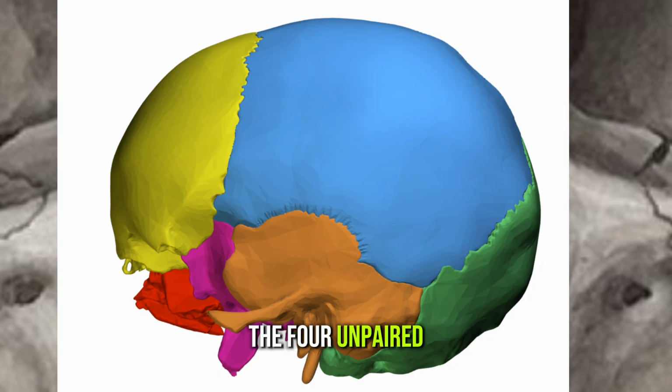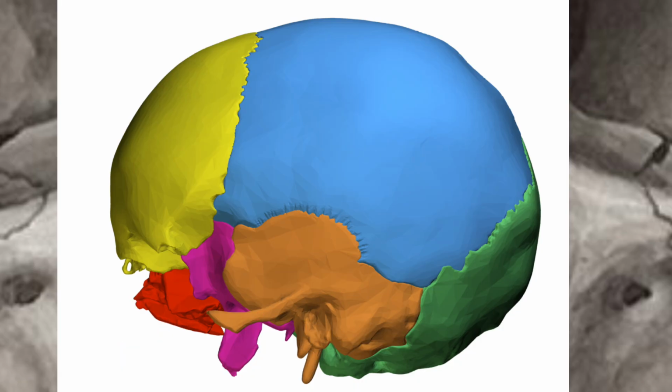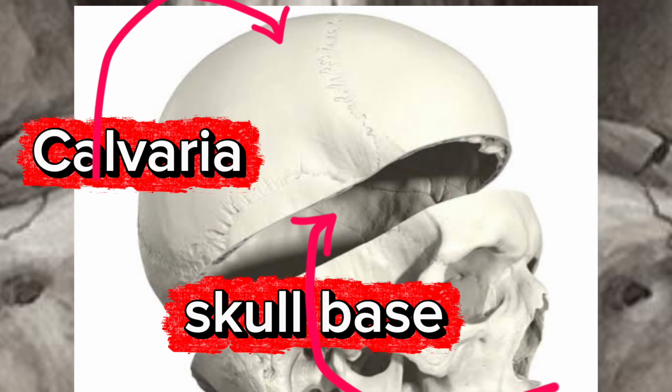The 4 unpaired bones are the frontal, occipital, sphenoid, and ethmoid bones. The paired bones are the parietal and temporal bones. We're going to be taking these bones one after the other to cover all aspects of the neurocranium.